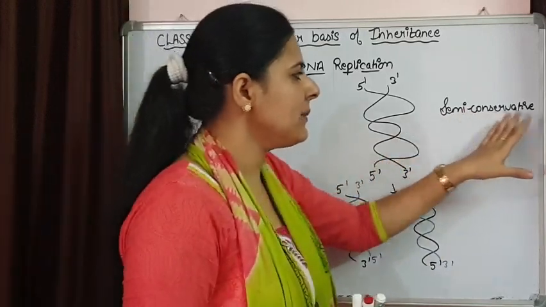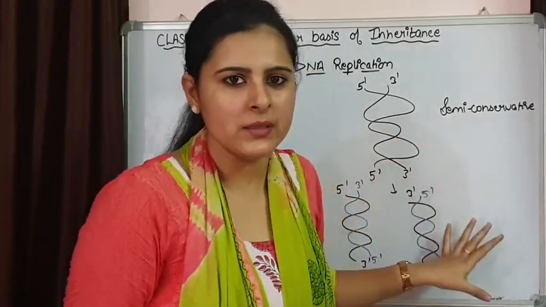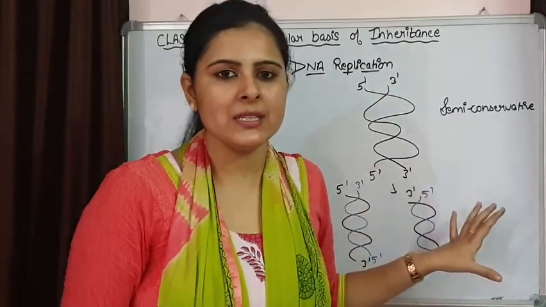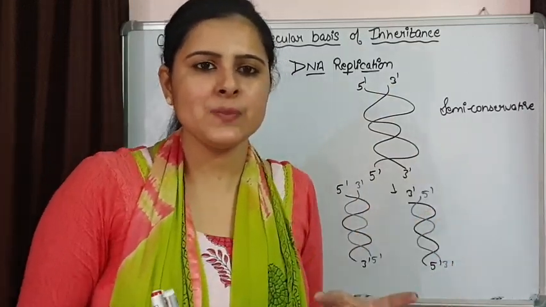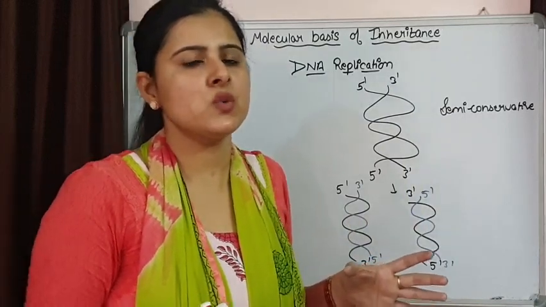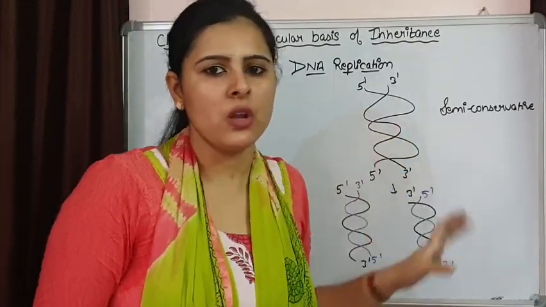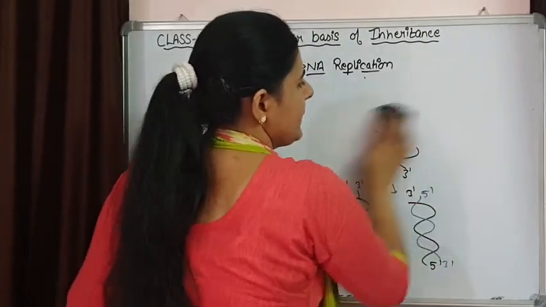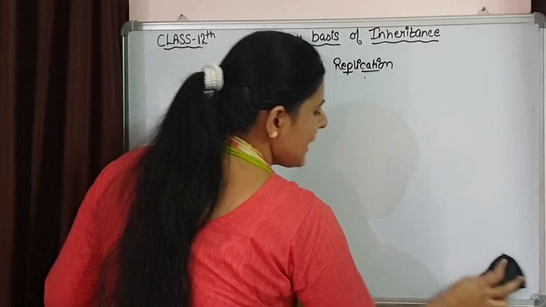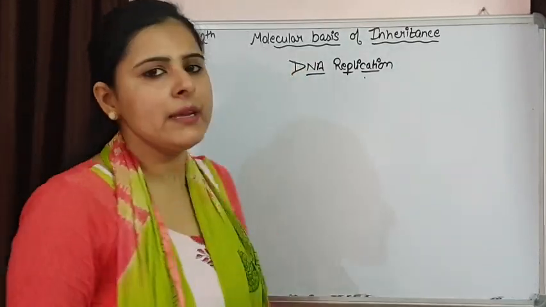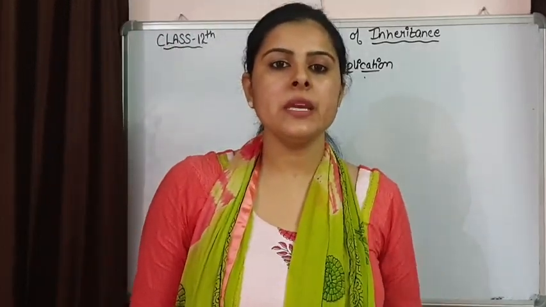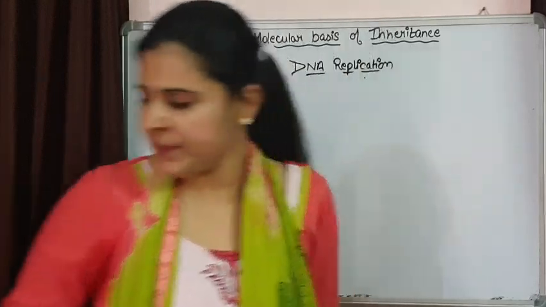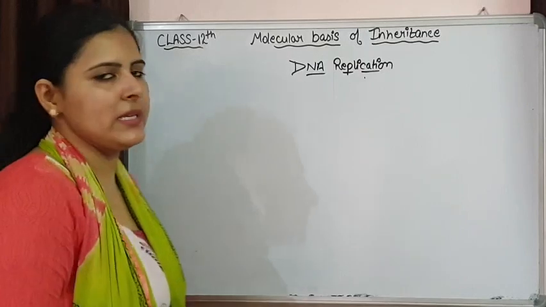That's why it is the semi-conservative method. This was explained by two scientists with the help of a simple experiment, and these two scientists were Meselson and Stahl. We will see how their experiment proved that DNA replication is semi-conservative. First, see when DNA replication takes place.